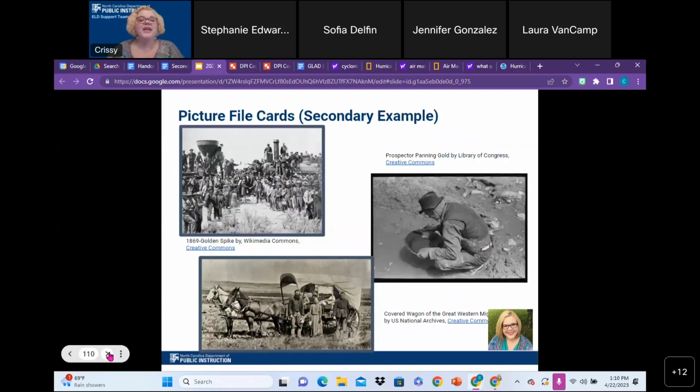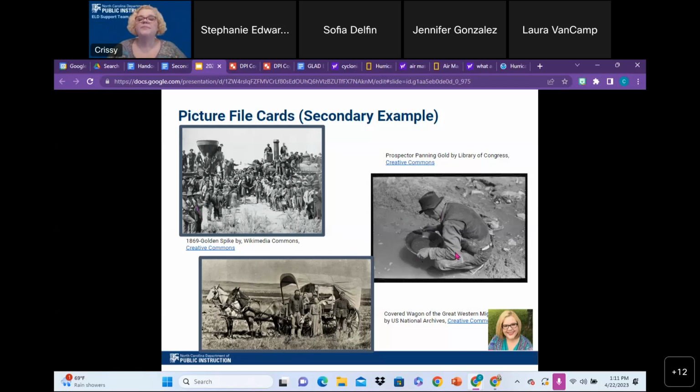And then we look here, and these are some from my secondary unit, and you can tell that they're powerful images, many times from history. Sometimes in history, depending on when in history it was, we have to use drawings or artworks as opposed to pictures, because we are using a time period before photography was created. So sometimes you'll see that in history units as well as in English language arts units, which Laura mentioned.